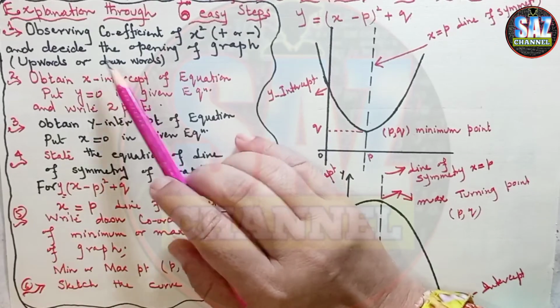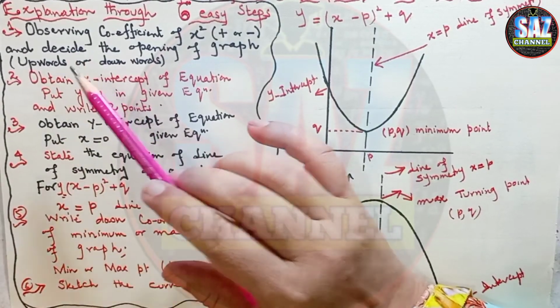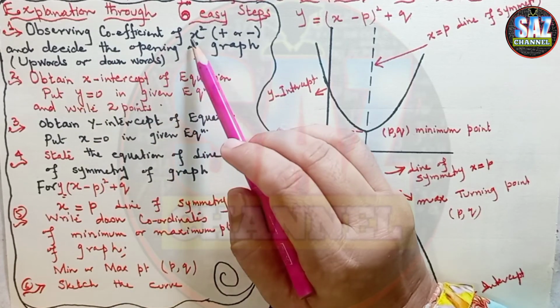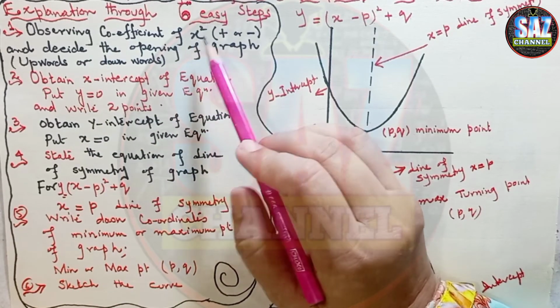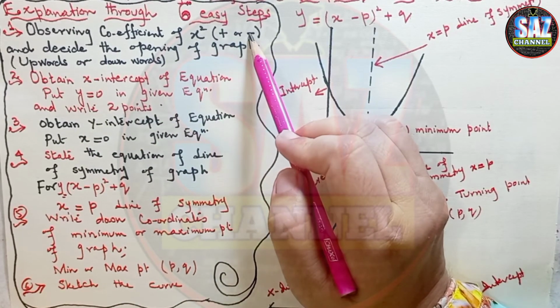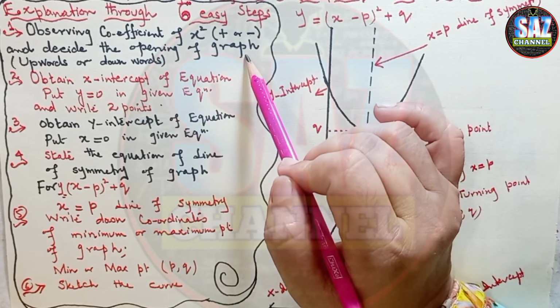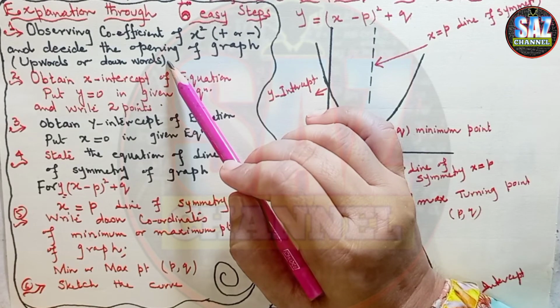So step 1 is similar to the step 1 of the previous case, that we have to observe the coefficient of the square term, okay, whether it is positive or negative, and after that we have to decide the opening of the graph upwards or downwards.